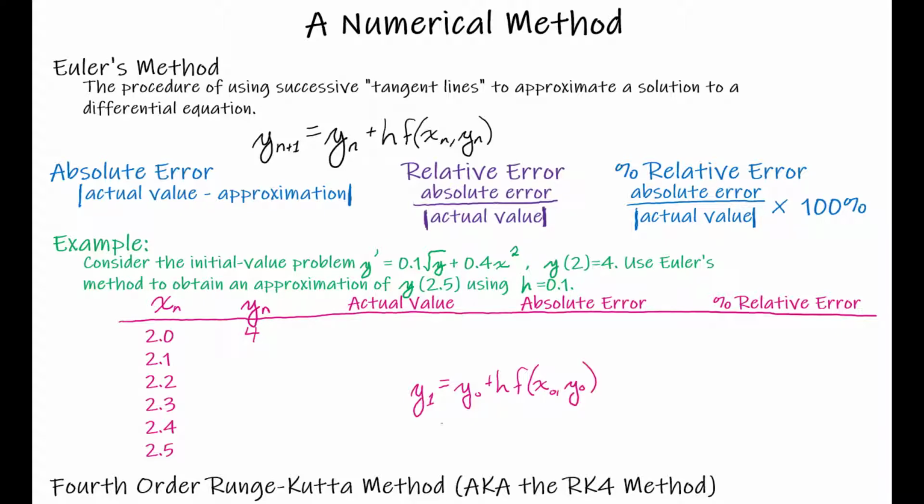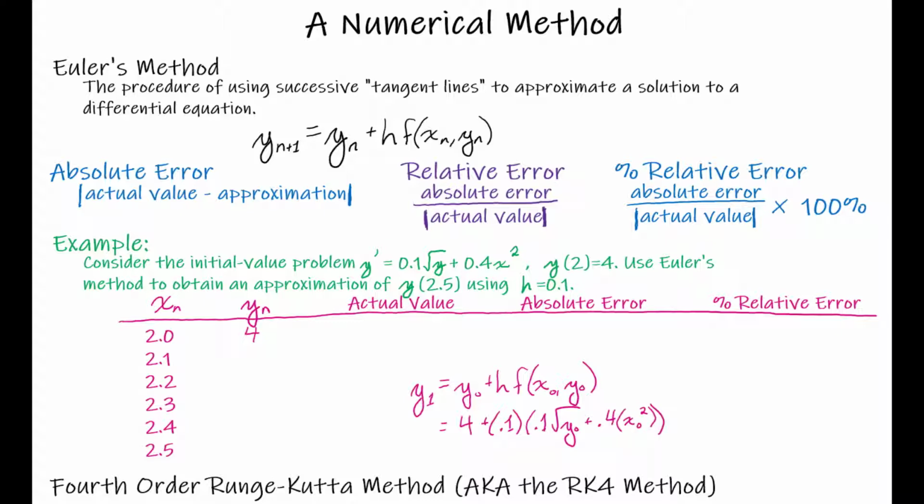So I can plug in the values that I know here. y sub 0 was 4, h is 0.1, and f of x sub 0, y sub 0 is of course the square root of y sub 0 plus 0.4 times x sub 0 squared.